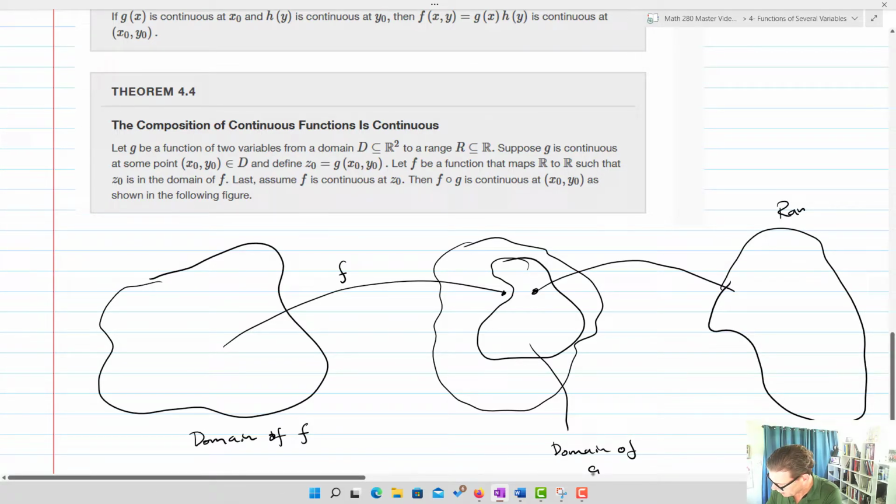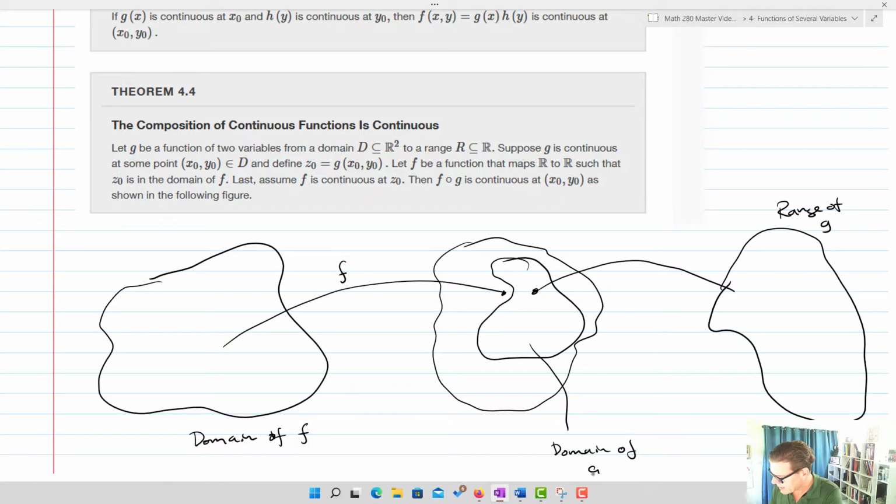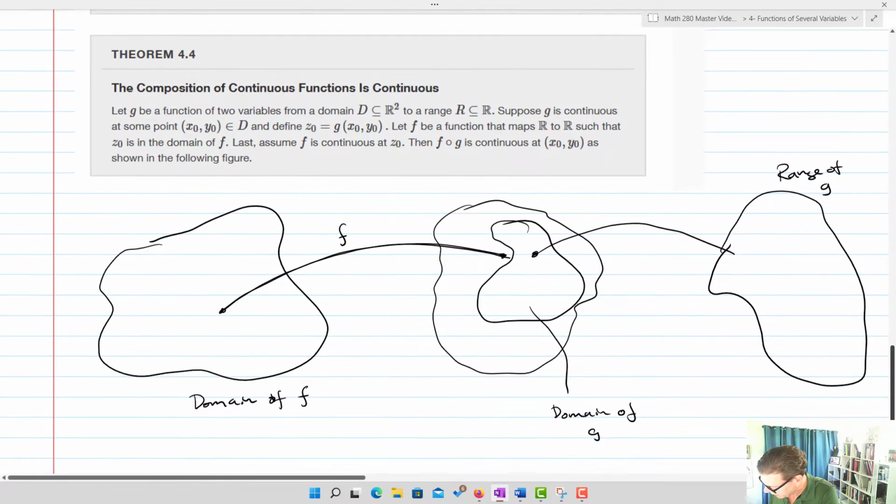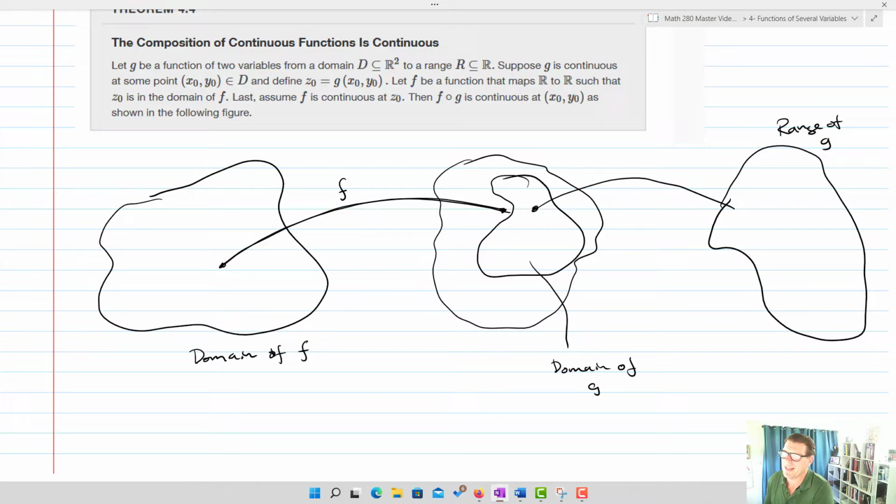If you are taking the function from f into its range and you want to compose, you're going to select something that's in the domain of g. You've got to be able to pick something that can actually be defined in g. That's a requirement.